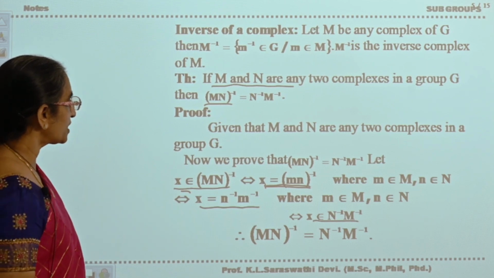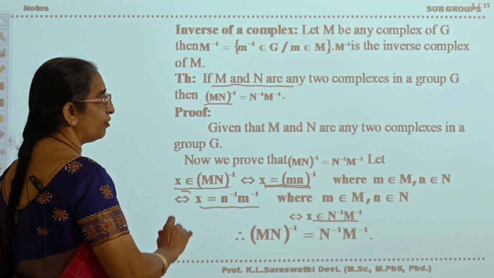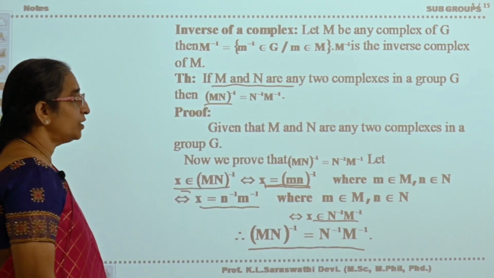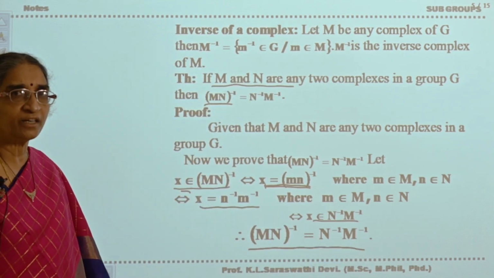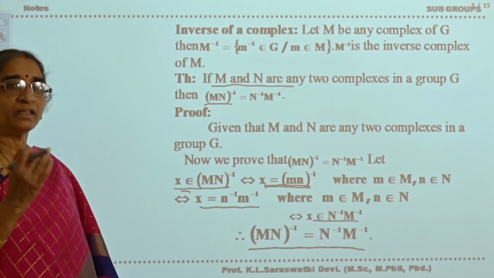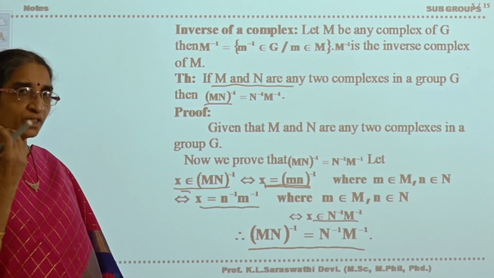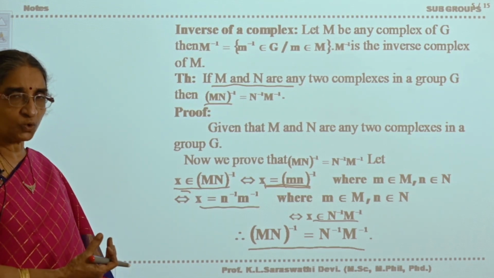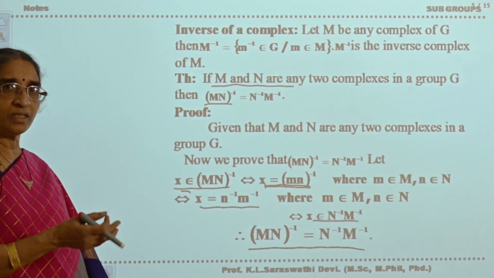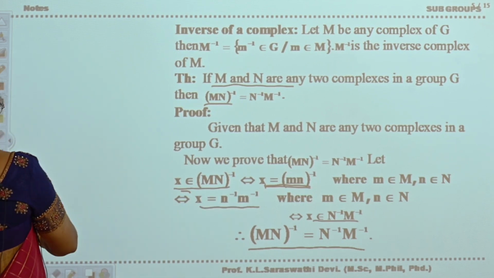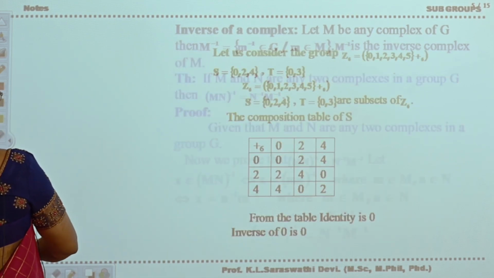Where you have taken x belongs to (MN) whole inverse. Therefore, you can say that (MN) whole inverse is equal to N inverse M inverse. That is, the inverse of the product of two complexes is equal to the product of inverses in the reverse order, that is N inverse M inverse. Okay.